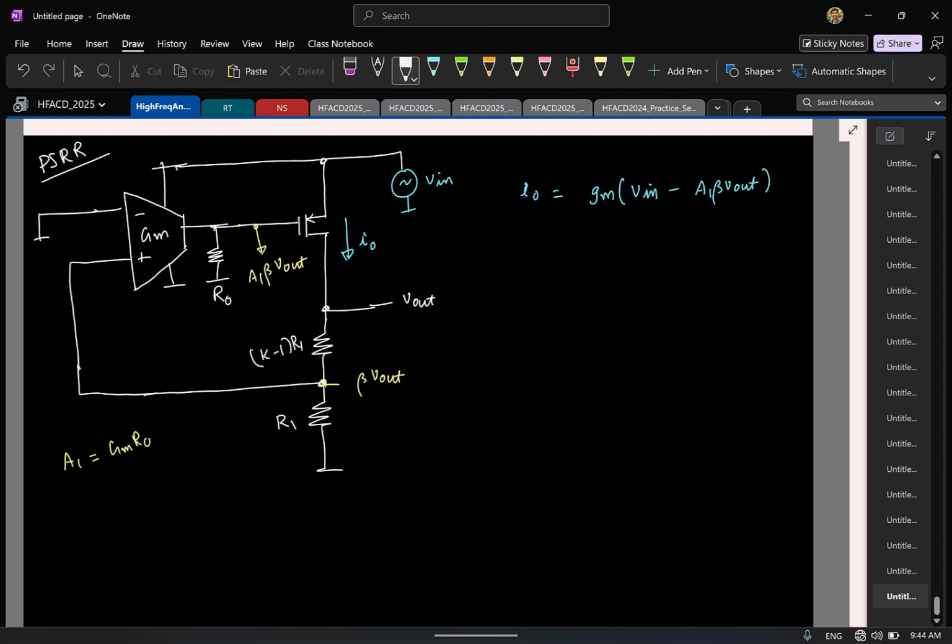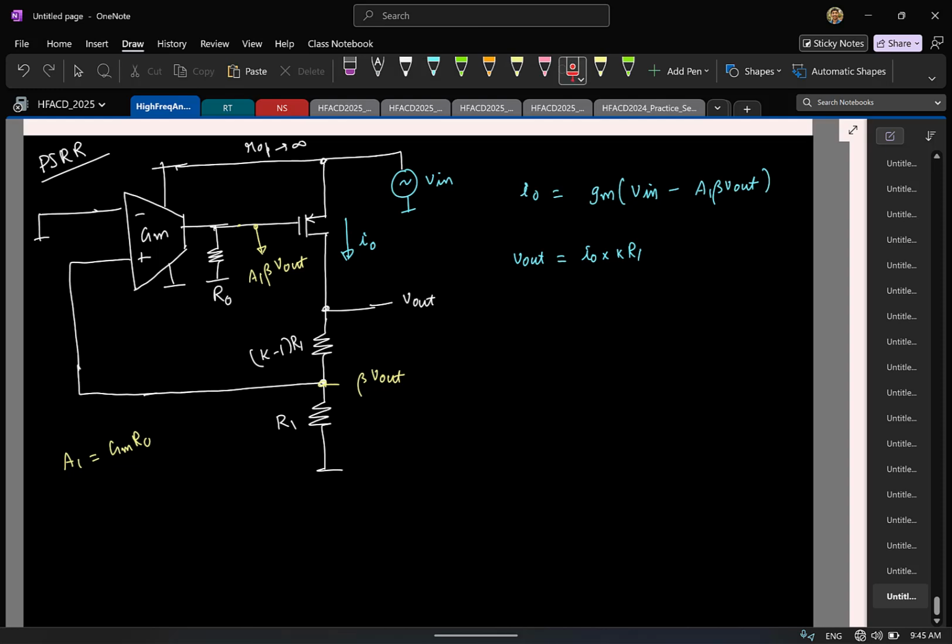For simplicity, let's ignore r0 of the PMOS transistor so that we can quickly simplify it. So what is my output voltage now, in terms of the current? I know the current I0. The output is I0 times K times R1.